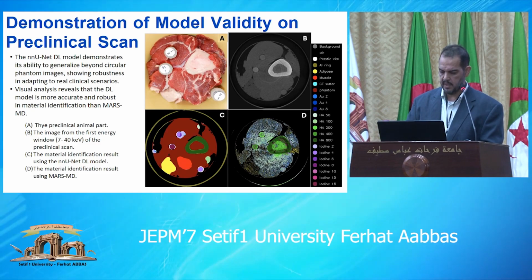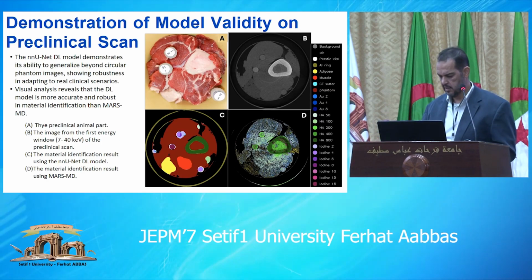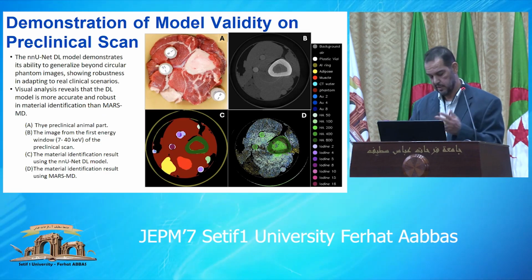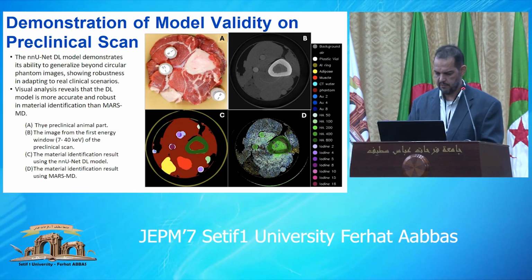This is, for example, a region of fat here. These are the different iodine concentrations, and that's why you see the purple color. This is the material decomposition obtained from the Mars MD software, converted to identification, and obviously you can see there is quite a difference.